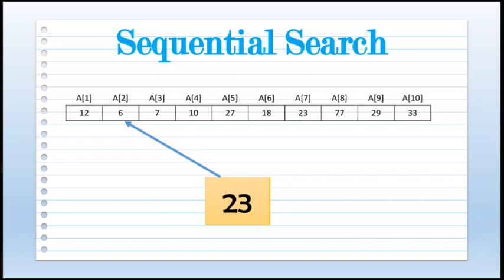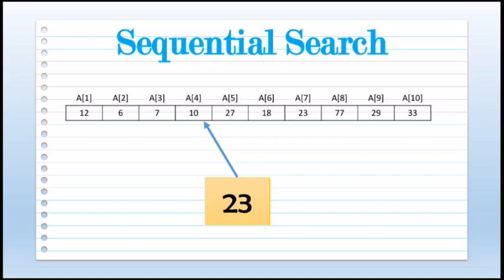So now we will move to the next element and compare. Is 7 equal to 23? No, again the condition is false. Next element is 10. Is 10 equal to 23? No, the condition is false.